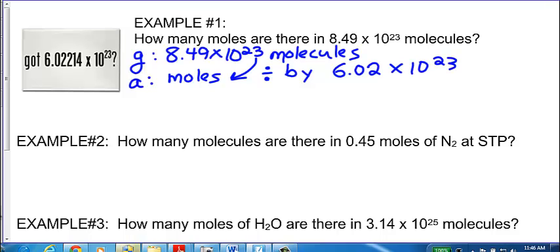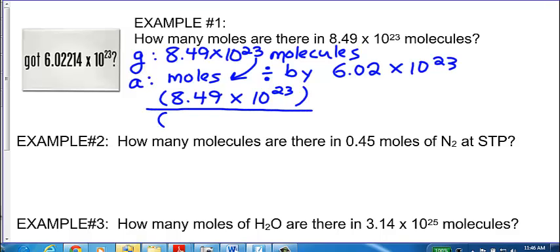Okay? So in our calculator right now, we're going to type in 8.49 times 10 to the caret 23. Make sure there's parentheses around that number. And then you're going to divide it by 6.02 times 10 to the caret 23. Okay?